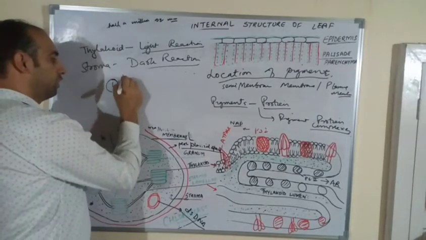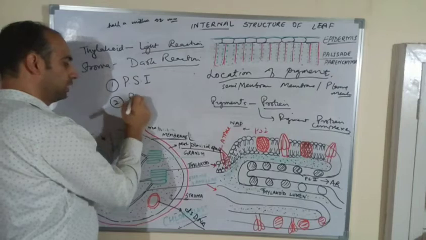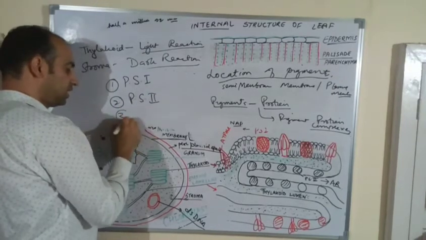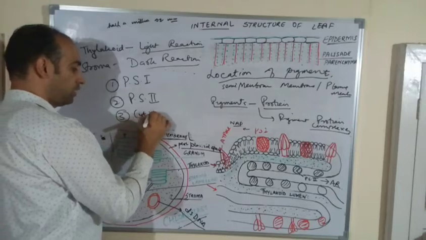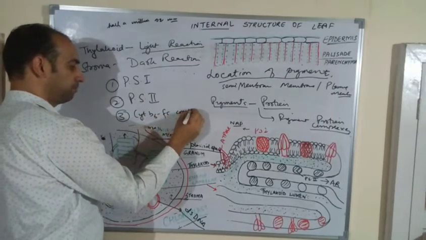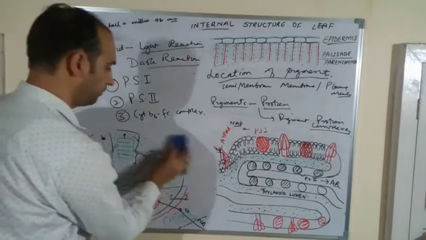First one, it is known as pigment system first. Second, it is known as pigment system second, or photosystem second. Third is known as cytochrome B6 F complex.